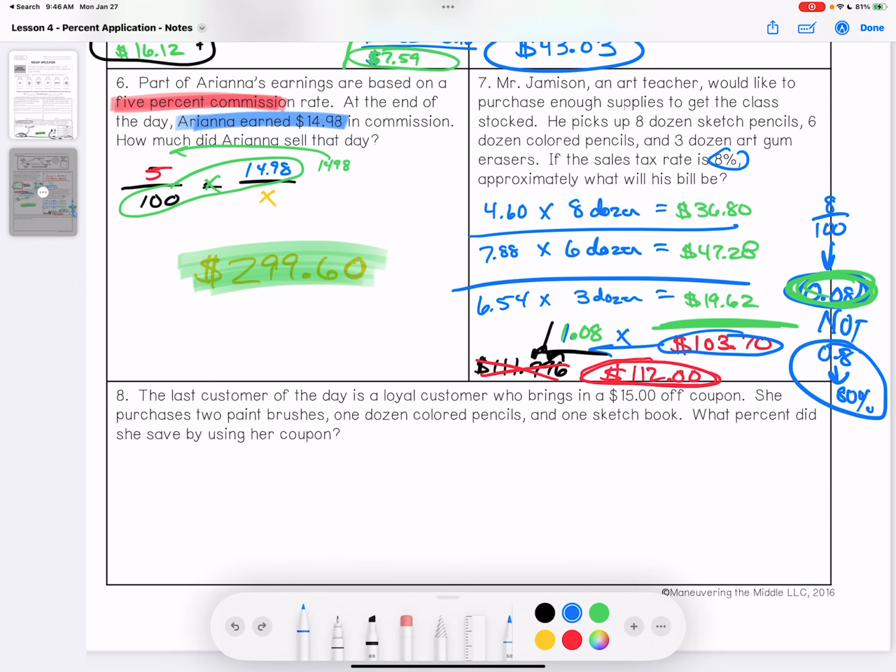All right. 2 paintbrushes are $10.50. We're going to times it times 2. 1 dozen colored pencils, $7.88, and then 1 sketchbook.